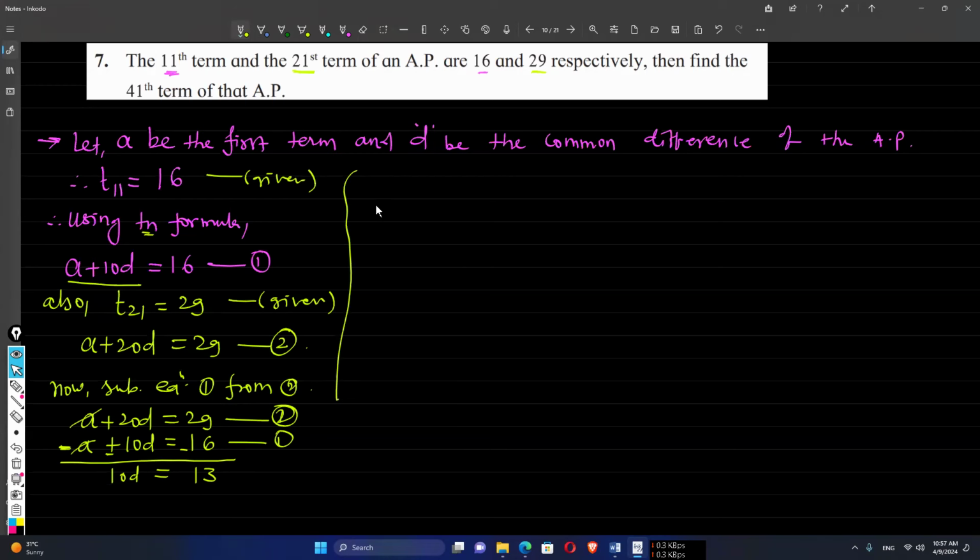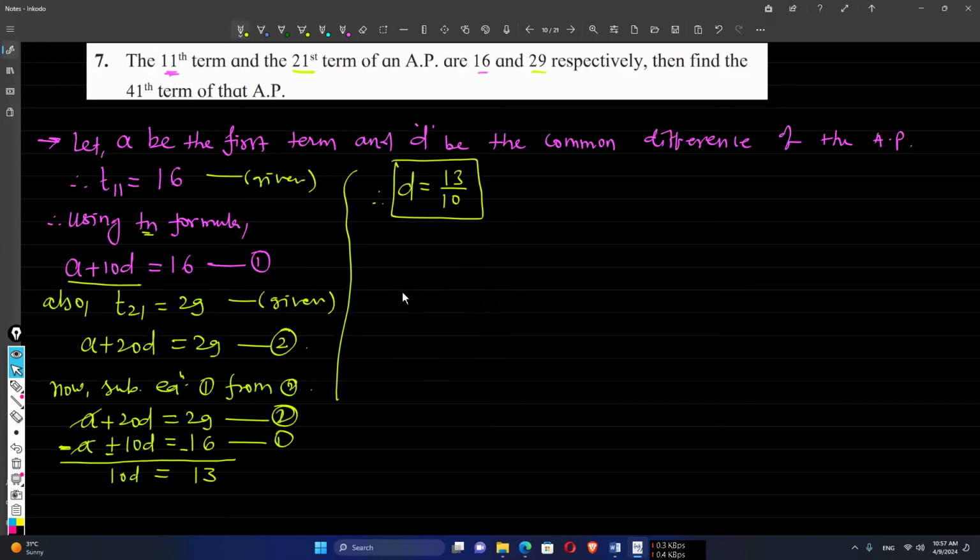All right. Therefore, 10D is equal to 13, meaning D is equal to 13 divided by 10. So 13 by 10 is the common difference in this particular AP.